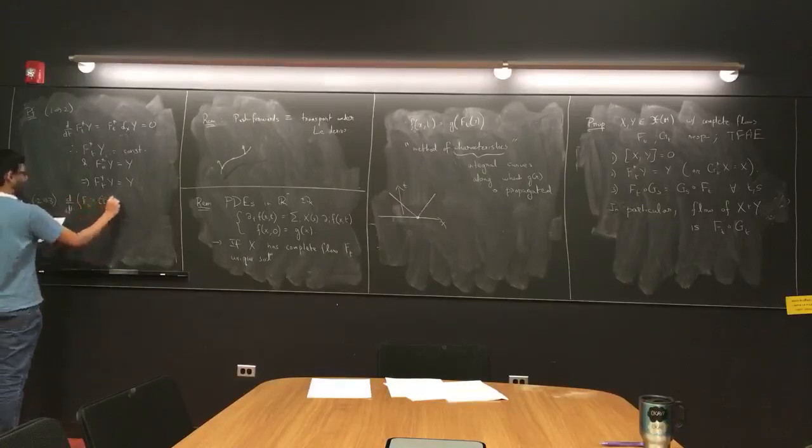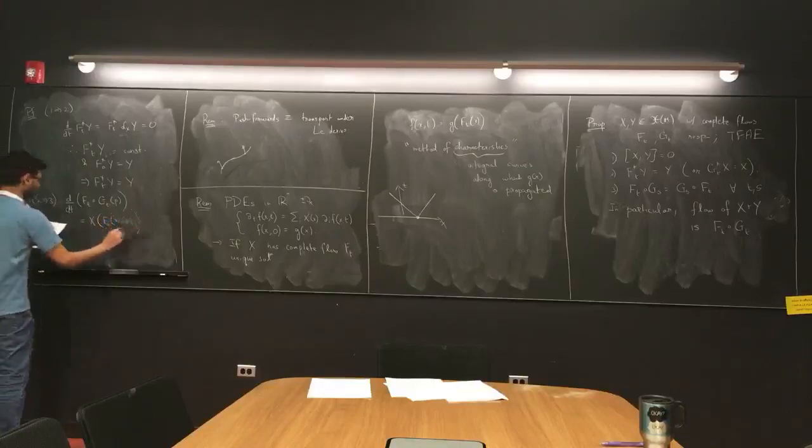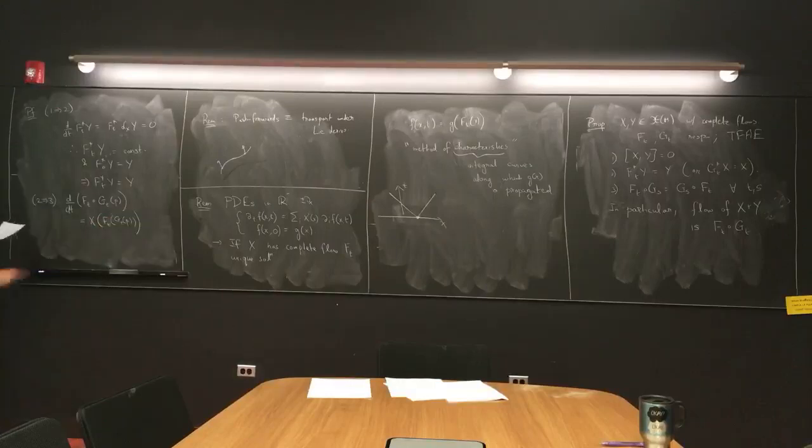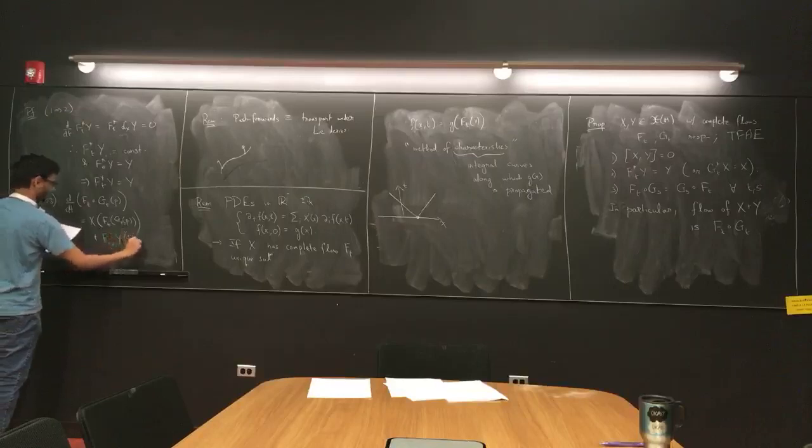This is, once again, X of f_t of g_t of p, plus f_t star Y of g_t of p.